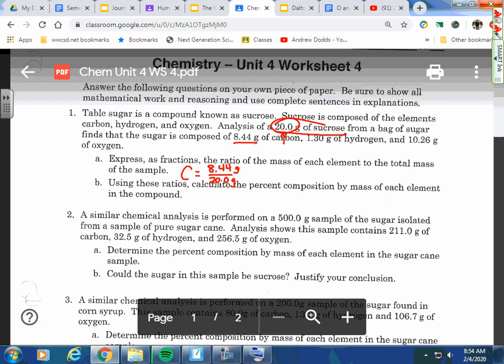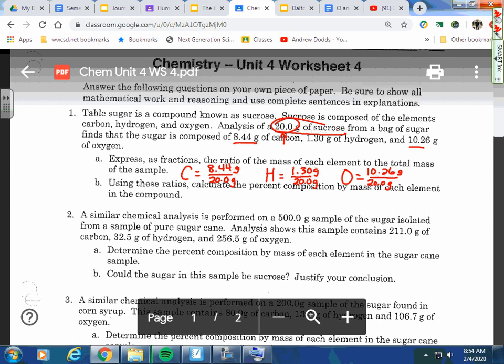Hydrogen's next, so I'll put H. H equals 1.30, so I'm going to put 1.30 over 20.0. And then O, oxygen, says there are 10.26 grams. So out of that 20 grams, 10.26 grams is oxygen. All right, so there's our fractions.